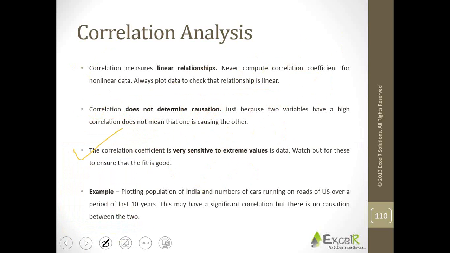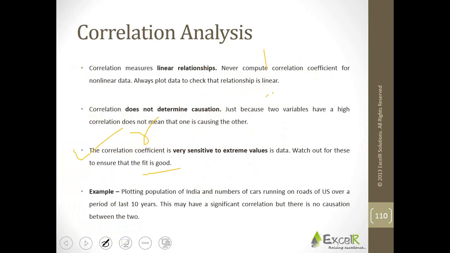Next thing is the correlation coefficient, which is represented by R, is very, very sensitive to extreme values in data. Watch out for these to ensure that the model fit is good.